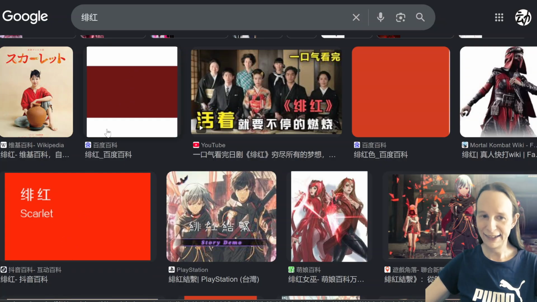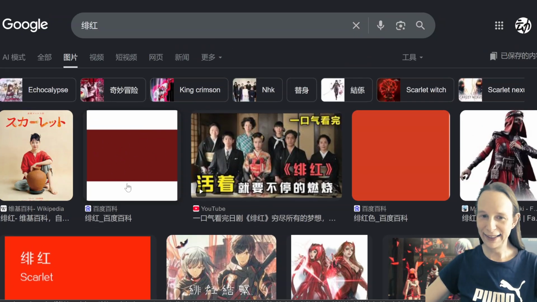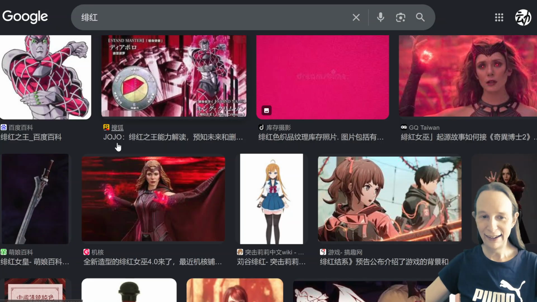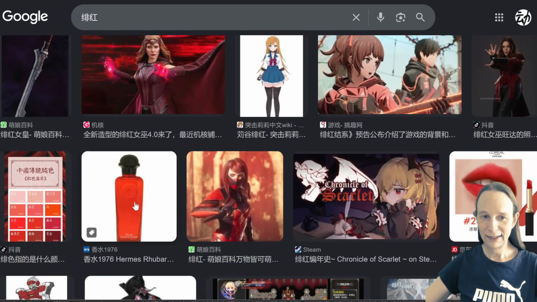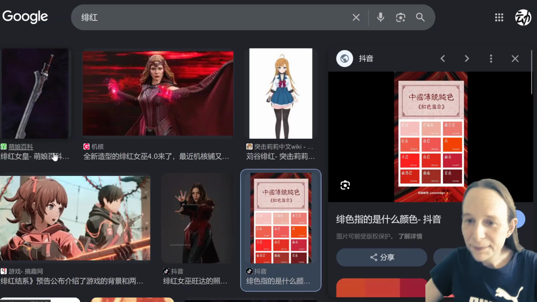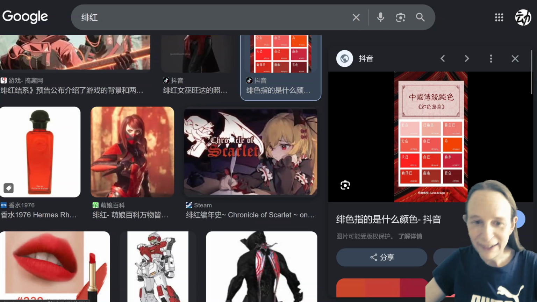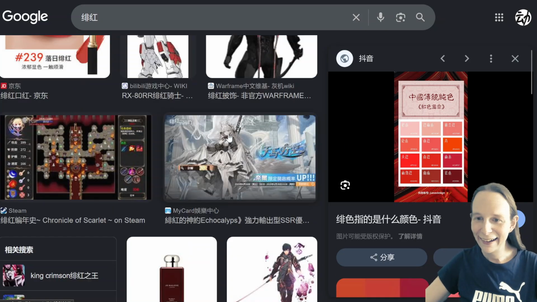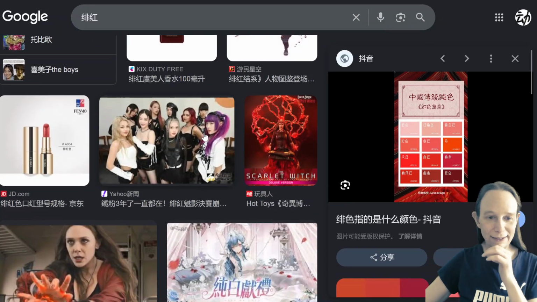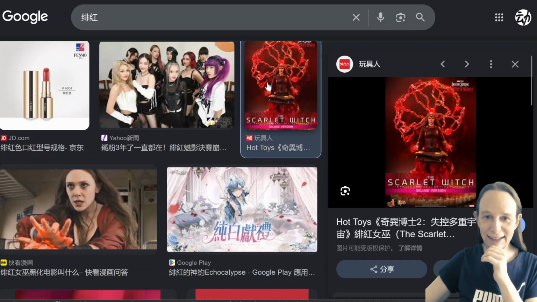Which one is scarlet? Is it completely different colors? I think it's more like this, right? Hmm. No, this looks AI generated. No, I'm not trusting that. Scarlet Witch.